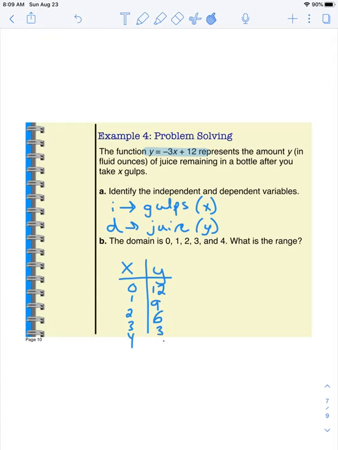And 4 gulps, I'll have 0 ounces left. So also think, how many gulps did it take to finish the juice? It took 4 gulps to finish all 12 ounces of juice. And what is the range? Well, these values are the range, or we could write out the range is 12, 9, 6, 3, 0. Again, it's discrete because the domain was discrete because you can't have decimal values in this. It's not continuous. It's listed out.